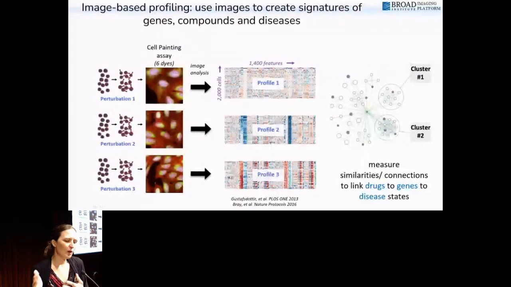So we often do a particular project first with the classical features because we know what they mean and they're very interpretable. Whereas with deep learning features, it's harder, not impossible, but it's a whole separate project to figure out how the cells are responding to this perturbation. That's a much harder question to answer.